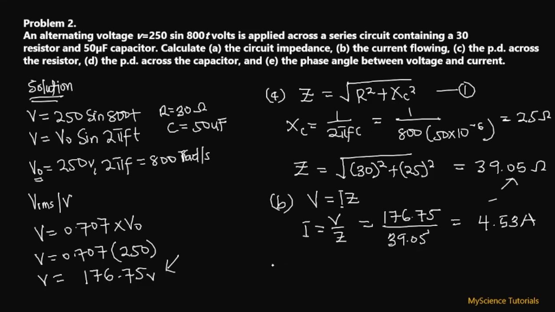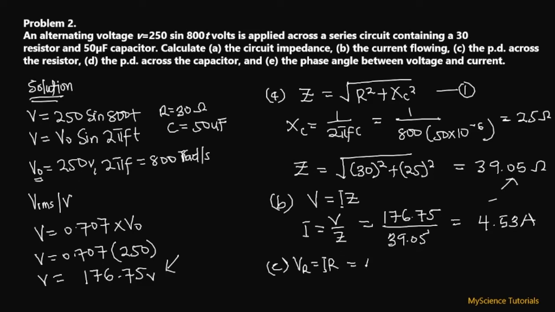Now C is saying we should find the potential difference across the resistor. So that is VR, the potential difference across the resistor. It is given to us as IR, where I is our current, which we just found to be 4.53, and R is the resistance of the resistor, which is 30 ohms.